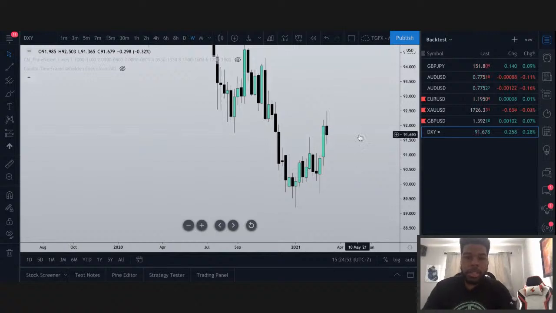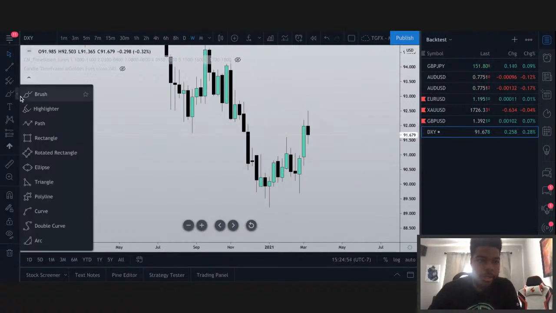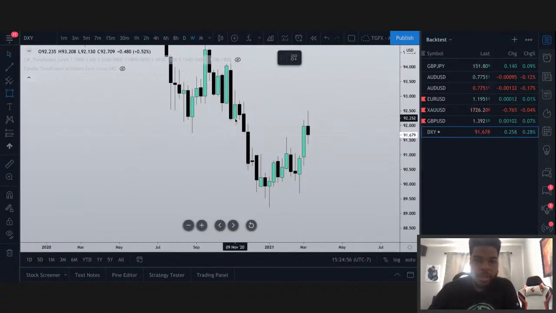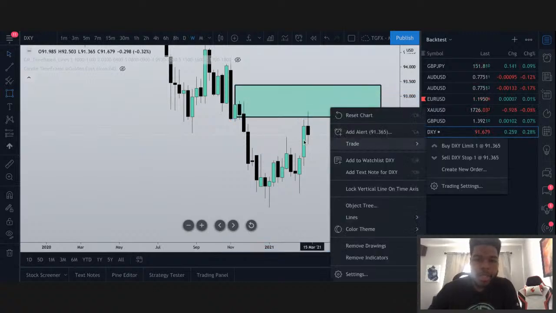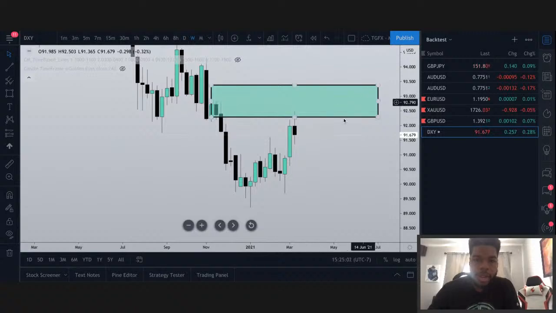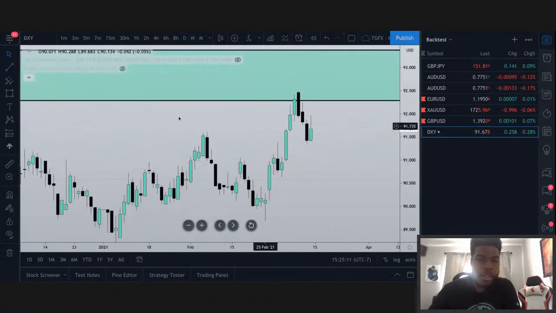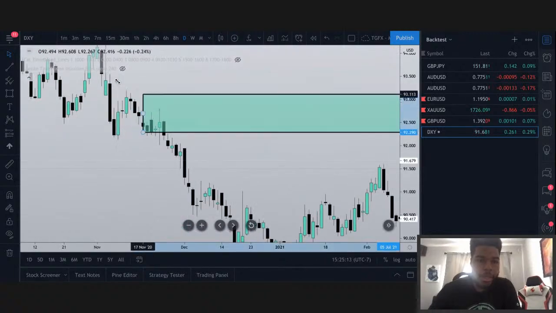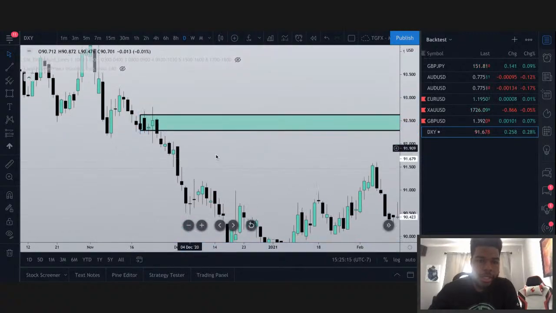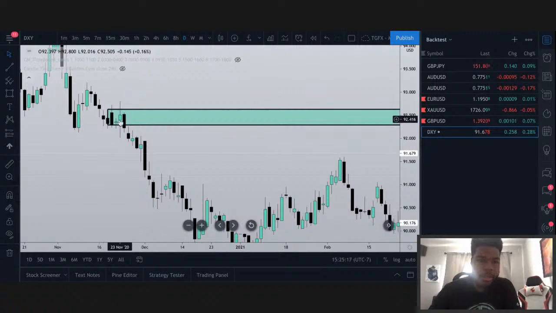All right, so number one, it looks very similar to EUR USD, the opposite, of course. But we have this level of supply here, right? So basically price rejected off of this weekly supply level. We go down to the lower time frames, you can see that there was a daily level of supply here because we consolidated in equilibrium.